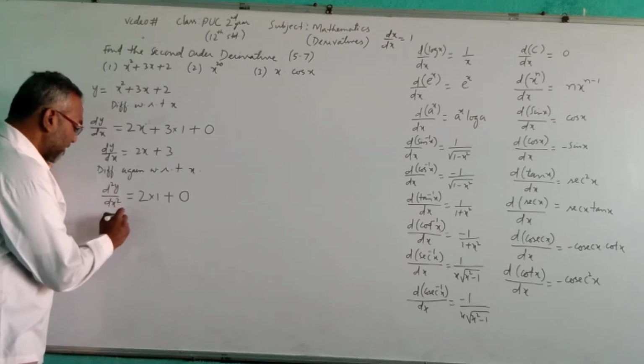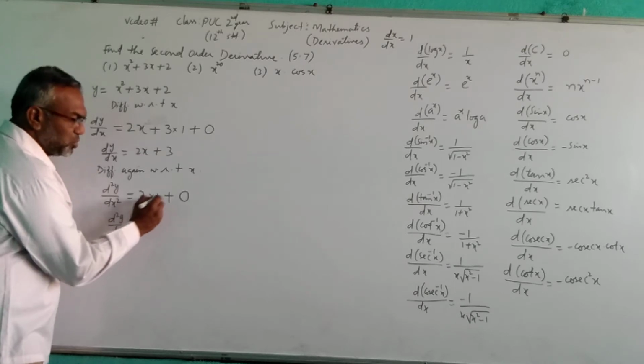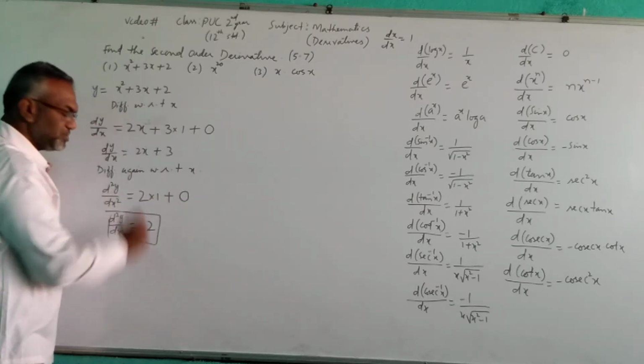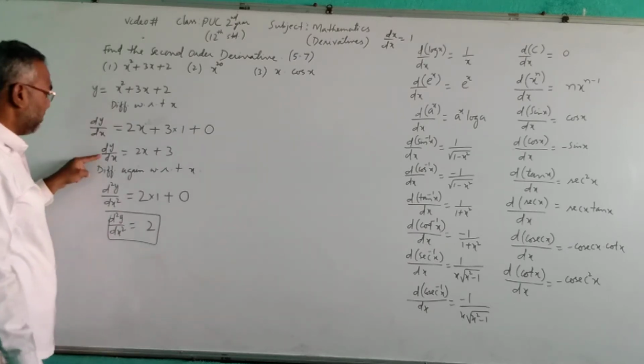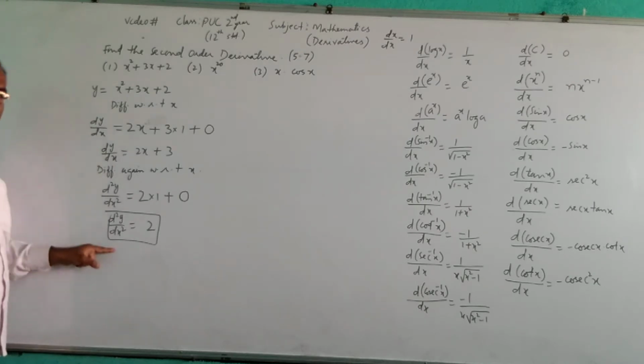So d square y by dx square is equal to 2 into 1, which is 2, plus 0. 2 plus 0 is 2. So this is the final answer, the second order derivative. This is the first order derivative, and when we differentiate it again, we get the second order derivative.